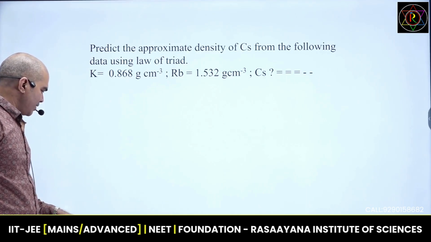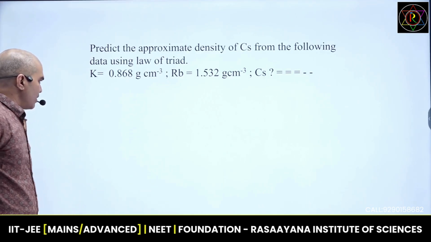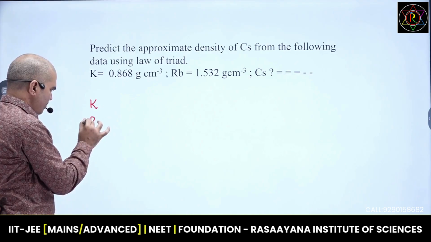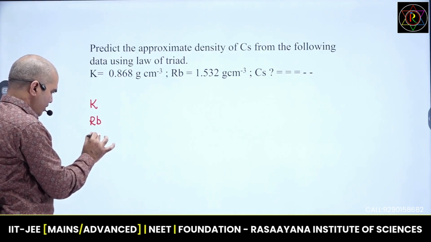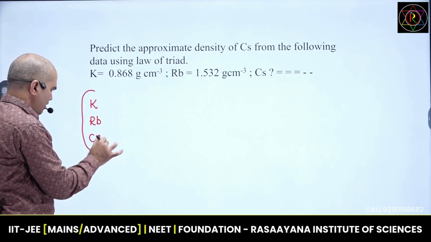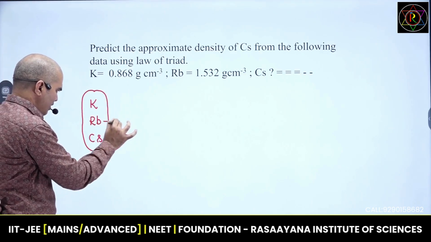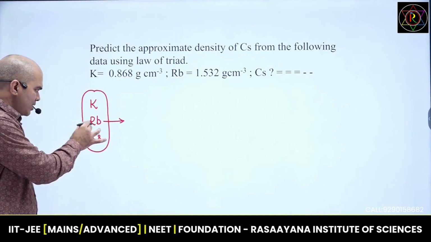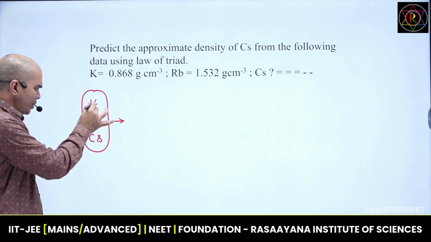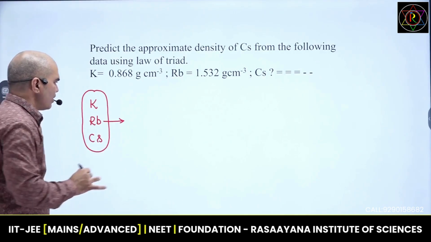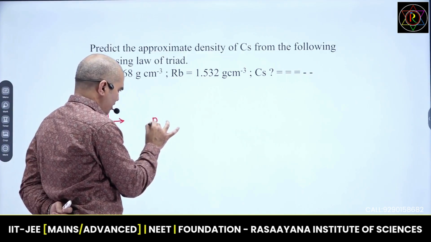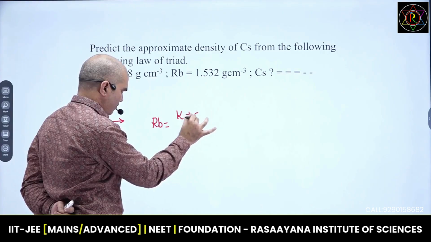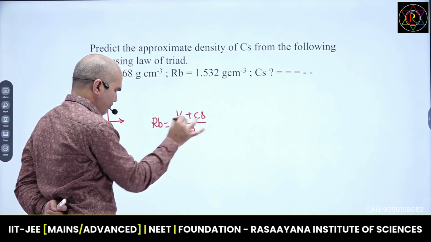Previously what we have done is, here we have potassium, rubidium, and cesium. So if I take this as a triad, whatever the atomic mass, or if I consider density, the density of rubidium should be the average of potassium and cesium.